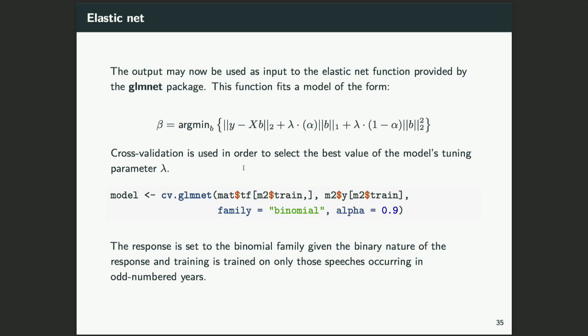So now I can call from the glmnet package, which is a really great fast package for fitting the elastic net. I'll call the cv.glmnet. The cv.glmnet will choose that tuning parameter for me using cross-validation, and I'll fit it just on my training set. And because I'm doing classification, I'll tell it to use a binomial model because my response is 0, 1.